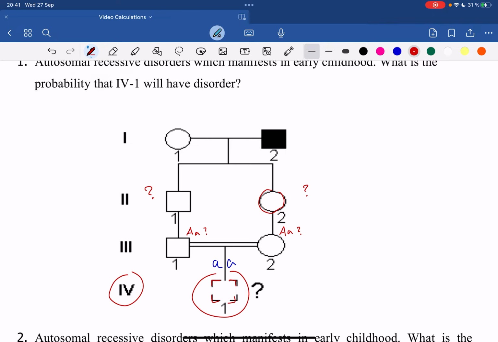These are siblings. These two are siblings. All right. So they have these people as parents. This is their mom and this is their dad. Why that's important is that the dad is affected right here.